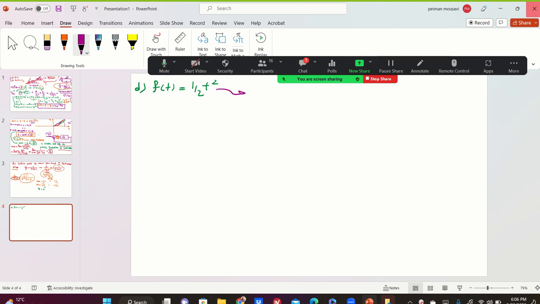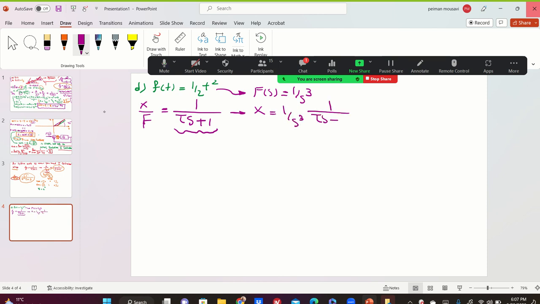So you know that from the Laplace transform I taught you, f of s is 1 over s cubed. So x over f for first order system, for any first order system that is in this format, stable. RC circuit that you learned in ME430, or tank of the water, or the mass spring that I'm teaching you as an example. Okay, so x is gonna be 1 over s cubed times 1 over tau s plus 1.